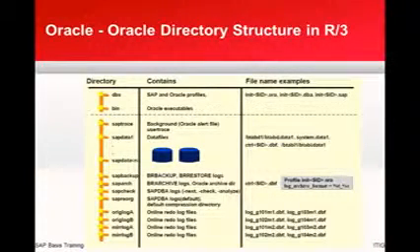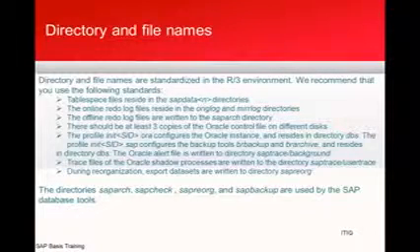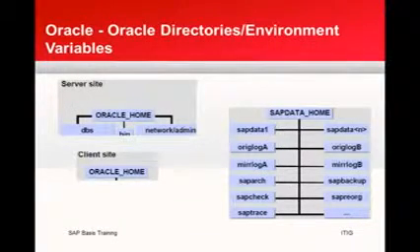Let's get into the next thing, which is talking about the directories and file names, specifically the Oracle directories and the environment variables. The key environment variable is ORACLE_HOME. This is one of the most important variables, which says where the Oracle home is located. The key folders within the Oracle home are the DBS folder, the bin folder, and the network admin folder.